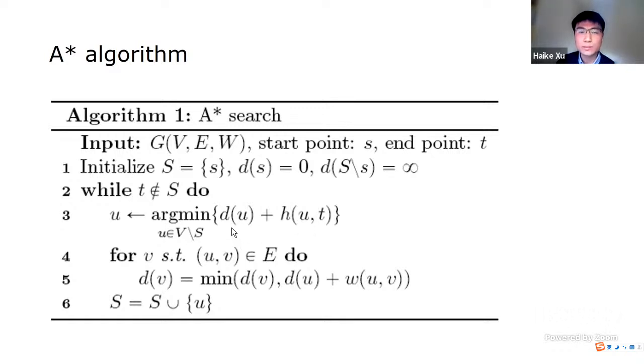Here d(u) is the distance from s to u, and h(u) is the estimated distance from u to the destination t, provided by the heuristic function h. Then this vertex u is added to the set capital S, and we iterate and update the distances to other vertices in this loop. This while loop ends when the destination t is added to the set capital S.